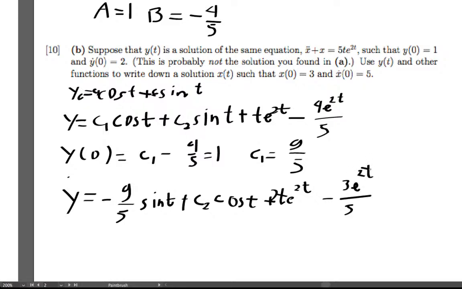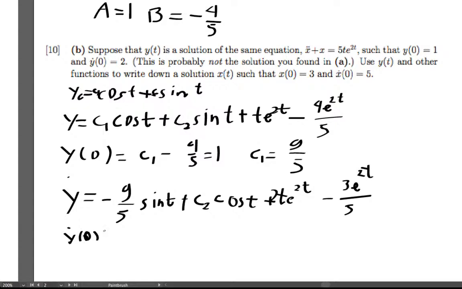Okay, that's that. So let's figure out what happens when you evaluate this at 0. Sine of t is 0, plus c2.